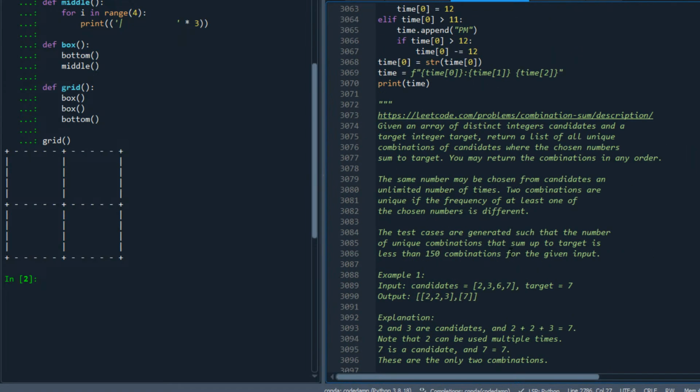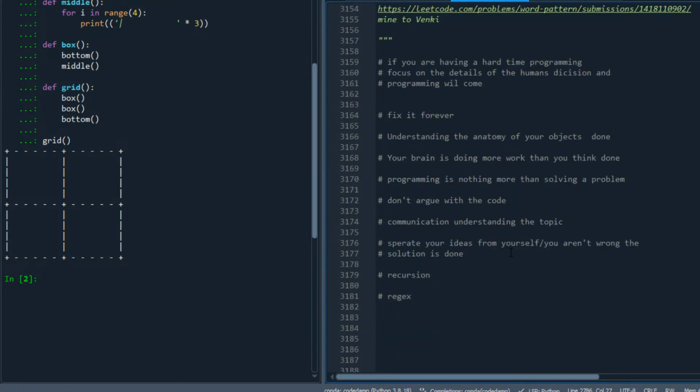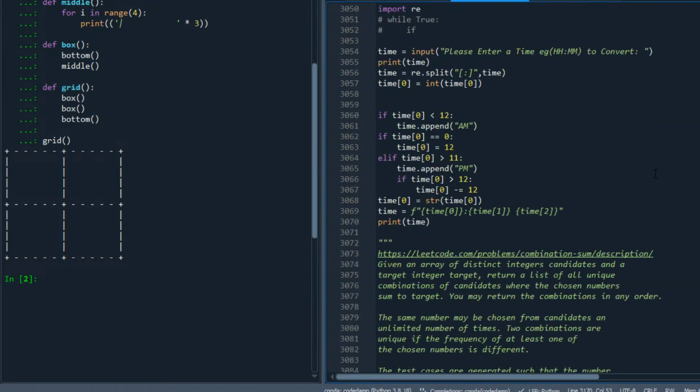Still haven't solved that. Been working on some more data engineering stuff. Did we ever solve that one? Let's see. Programming is more than you do not argue with your code. That's a good one. We did a non-technical yesterday.